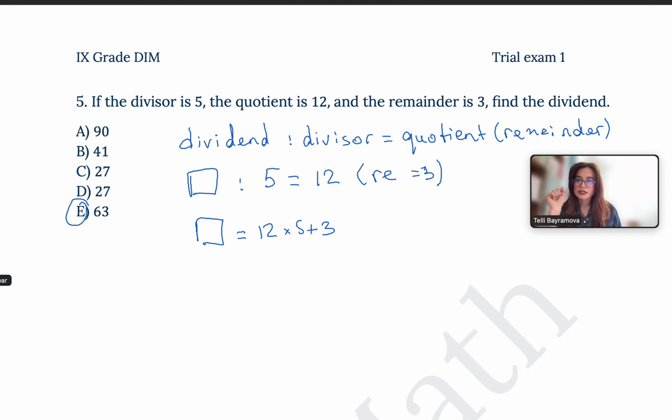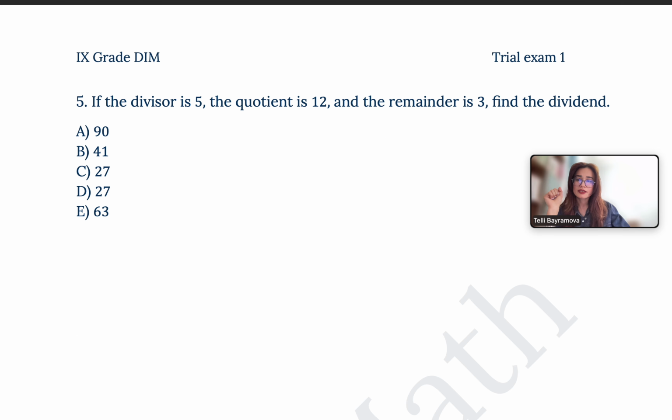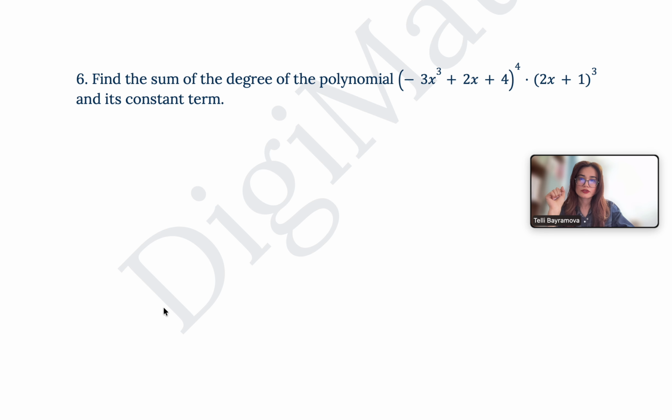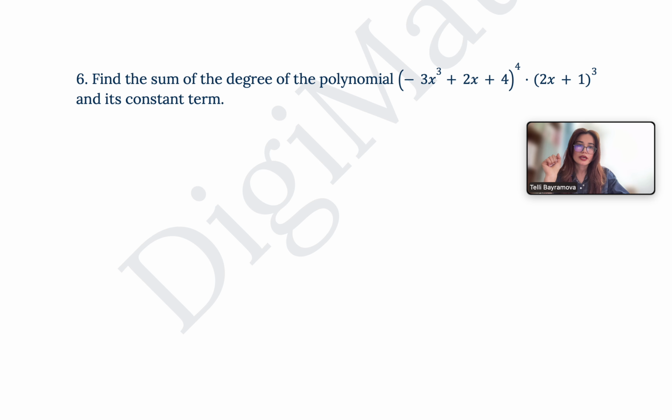So next question. Again, I advise you to stop the video and do it by yourself. After that, you can watch my video. Find the sum of the degrees of the polynomial and its constant term. For the degree of the polynomial, we have to find the highest degree.